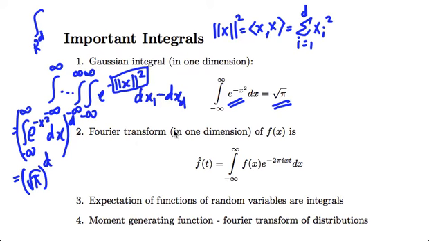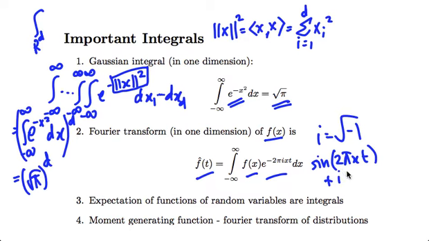Another important integral is the Fourier transform. In one dimension, that looks like this: the Fourier transform of f of x is f hat of t, which is the integral from minus infinity to infinity of f of x e to the minus 2 pi i x t dx. Here, if you remember that i is the square root of minus 1, then such a function is basically sine of 2 pi xt plus i cosine of 2 pi xt.